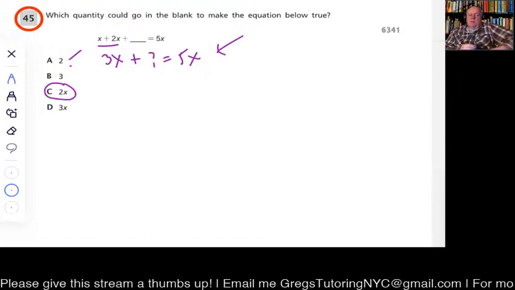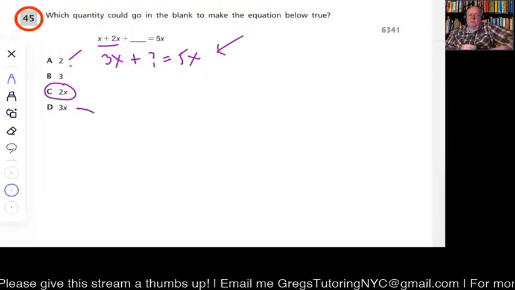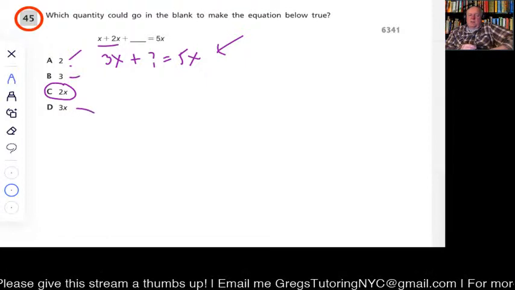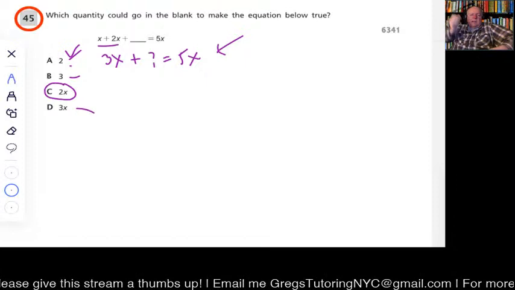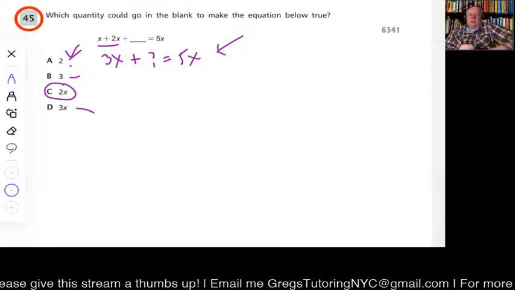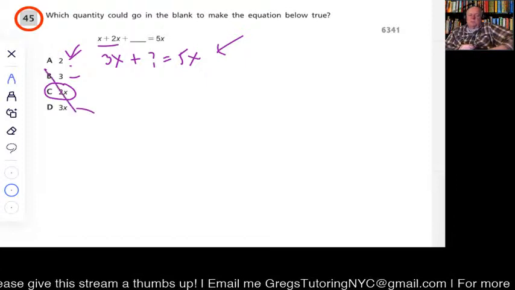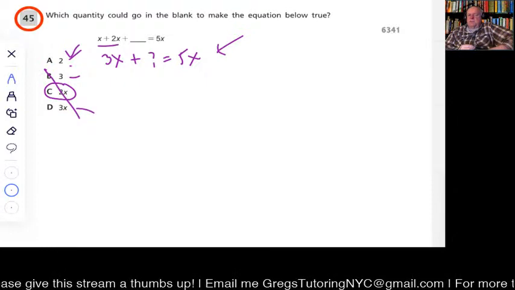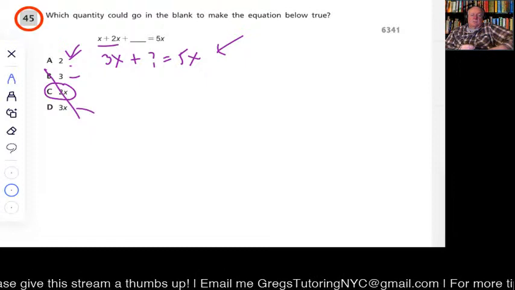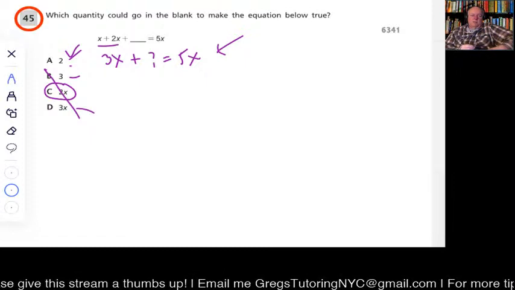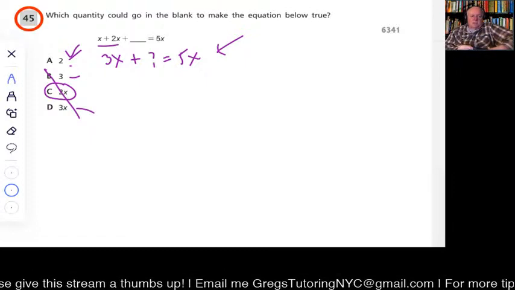I doubt too many kids put B or D here. So my guess is that most kids actually put A without even really thinking that it didn't have the X on the end of it. And they didn't even bother to look at choice B, C, or D, because A just, sorry, 3 I'm talking about, not 2. Wait, so I'm confusing myself now.